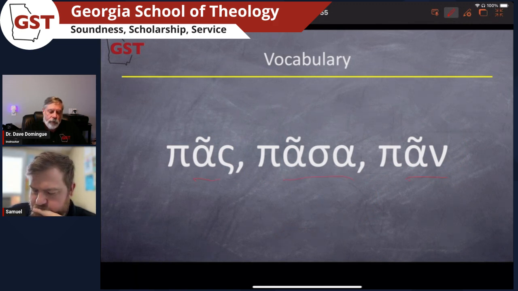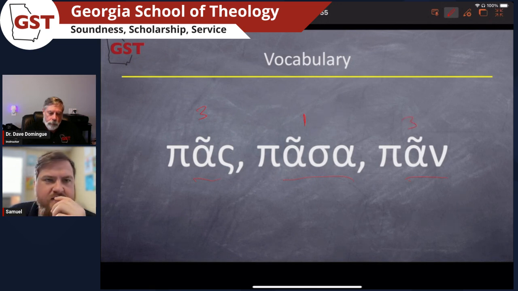Pas or pan. Well, that's an adjective, right? Give me our declension forms. What pattern is this following? What does it mean? Each, every, and all. So each and every would be singular, but all would be plural, right? And this follows a 3-1-3 pattern, right?